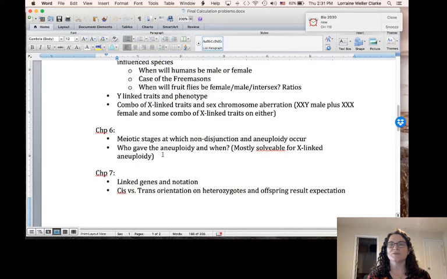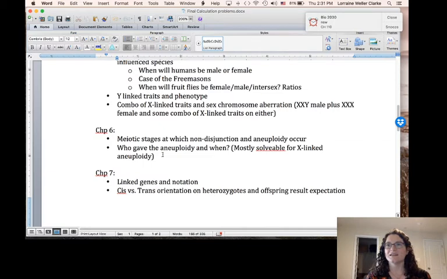So if it was an XXX, you know that the woman must have given that aneuploidy, because she's the only one who could have given two X's. If it's an XXY, then the male gave the aneuploidy. If it's an XXY male, then potentially it could be either. So figuring those things out.